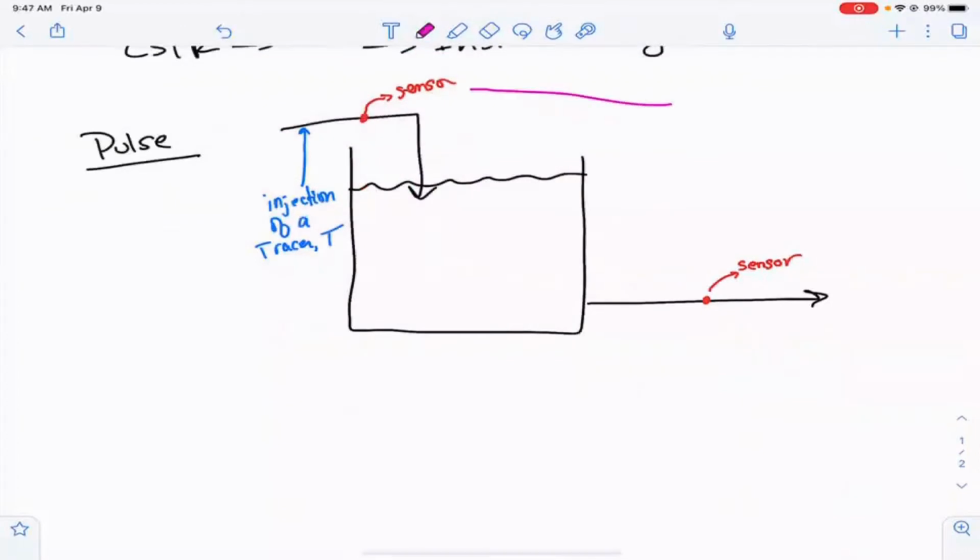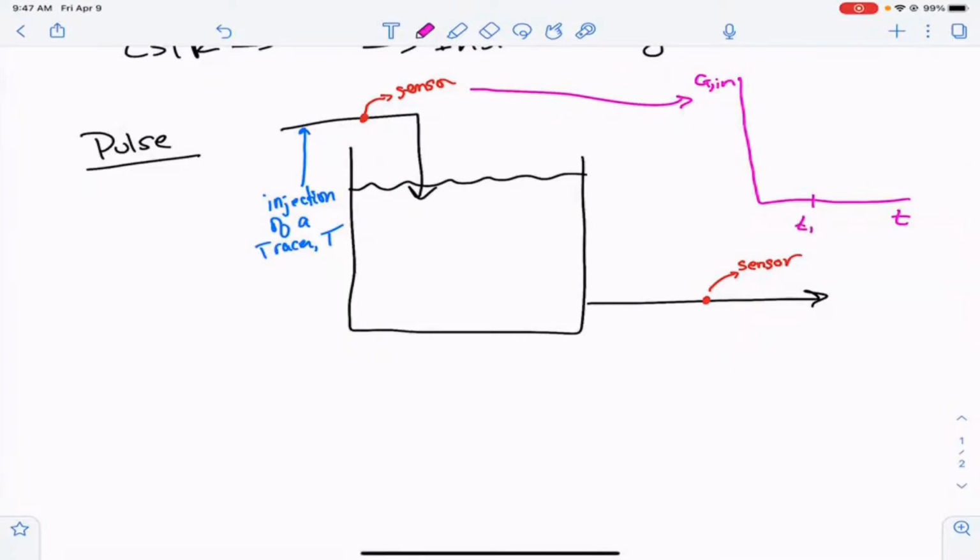So let's take a look at this sensor first. And if we added a pulse, right, we're just, I guess, squirting a little bit in, right? So if we looked at this, C_T,in, and then we looked at the concentration as a function of time, right? Here's our sensor. And let's say that we did this at some time equal to T1.